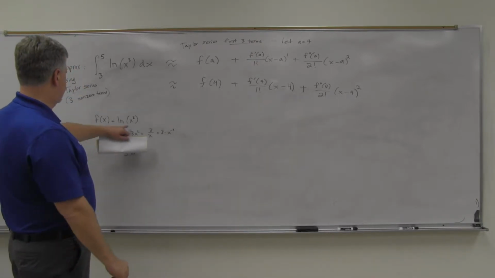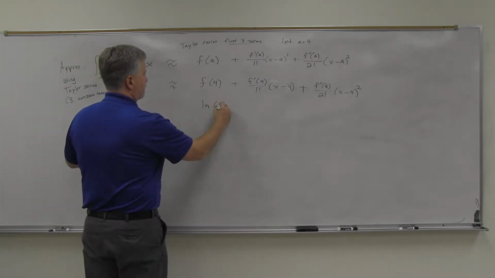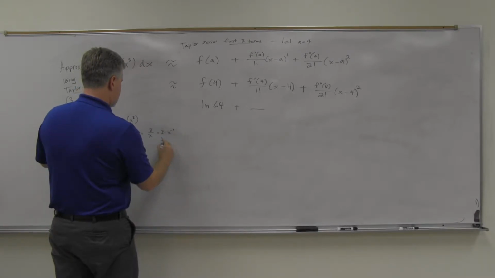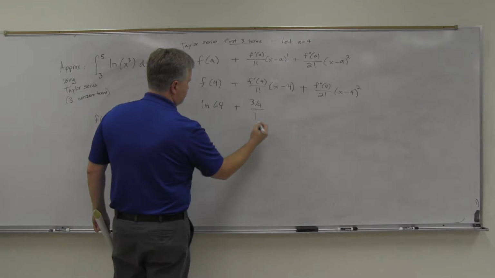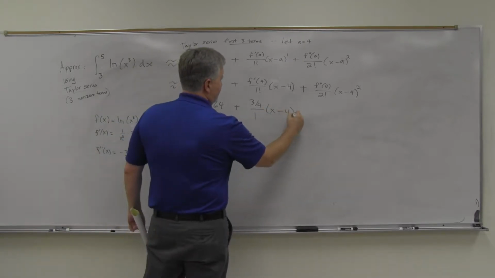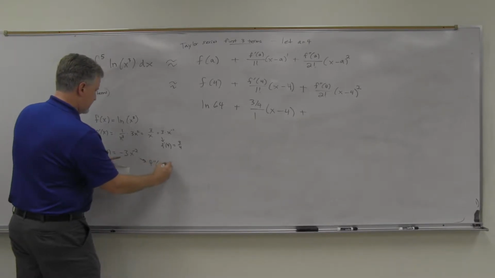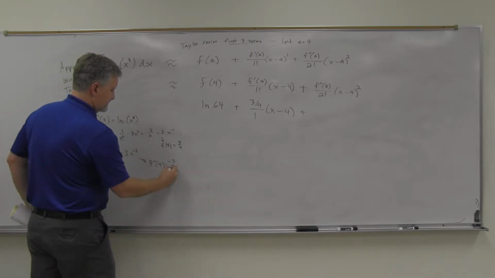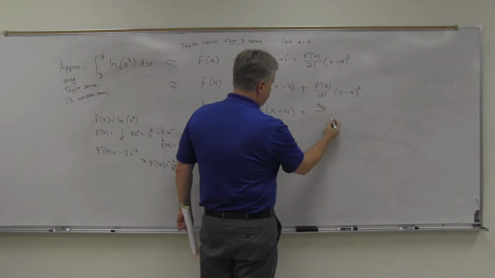And evaluate those at 4, so that would be ln of 4 cubed, that would be ln of 64. f prime of 4 would be 3 over 4, wouldn't it? 3/4. 1 factorial is 1. But then f double prime at 4, so that would be negative 3 over 4 squared, 16. So it'd be negative 3/16, divided by 2 factorial, that'd be 2.